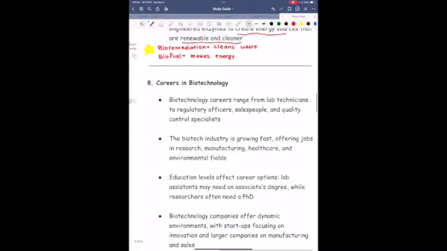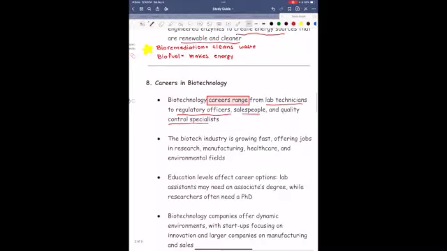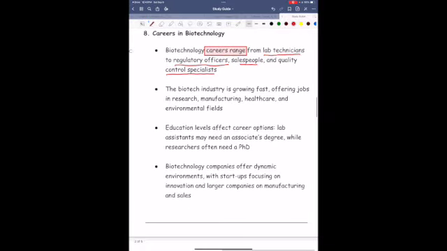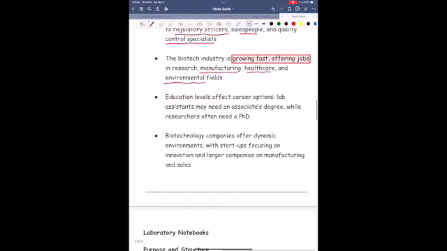All right, moving on. There are lots of careers in biotechnology. It's not just for technicians; you also need people to sell the products, and you need to make sure the products are safe and that everyone is getting the same product. Biotech is a very rapidly growing field, and in just about any industry you want to go into, manufacturing, healthcare, the environment, everyone is using biotechnology in some form or another.